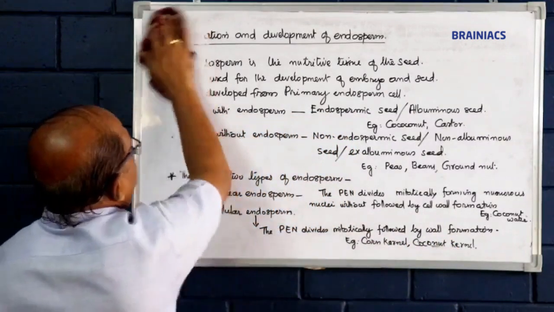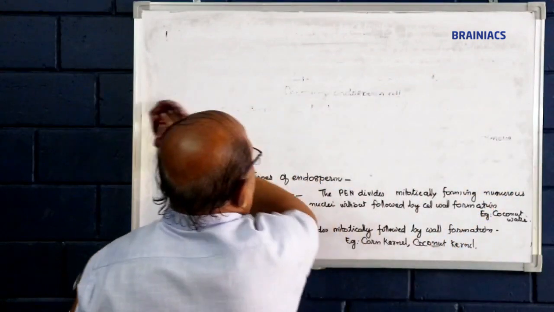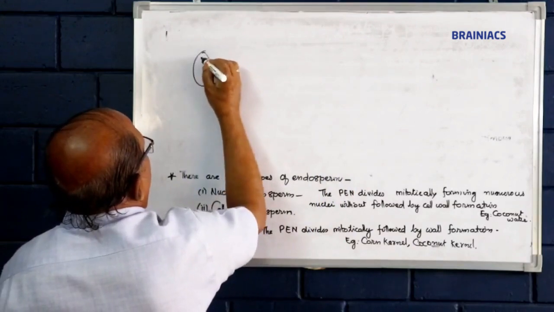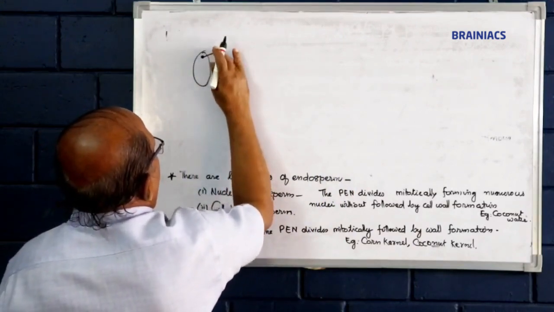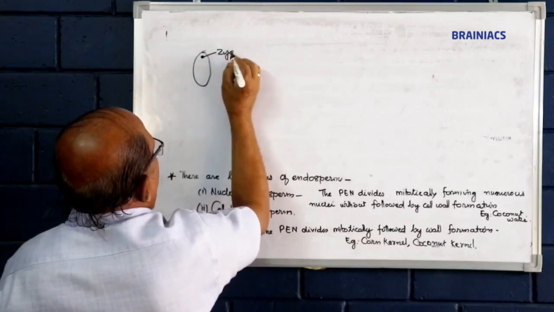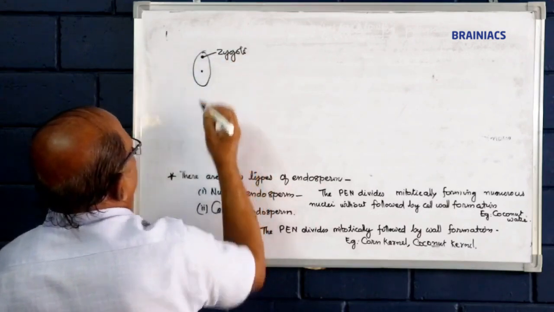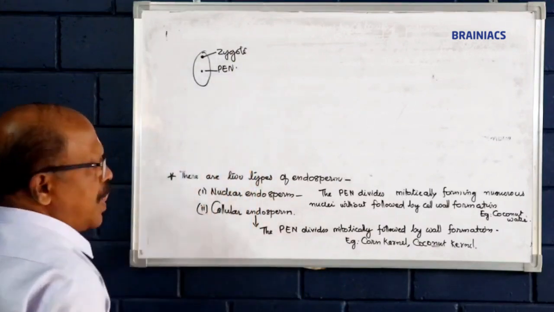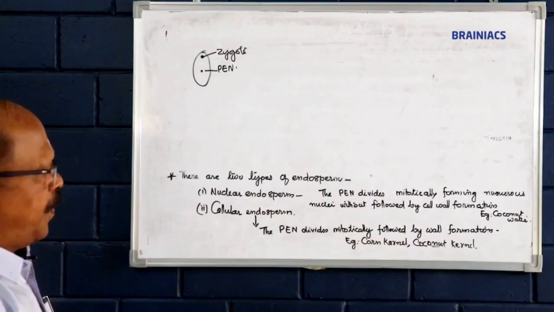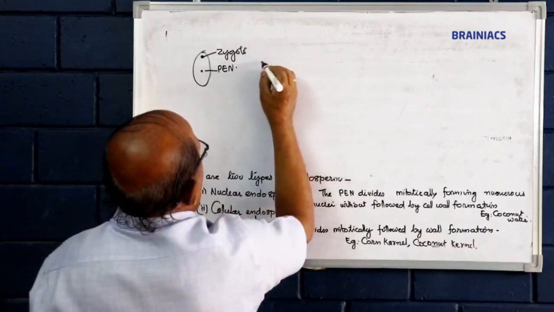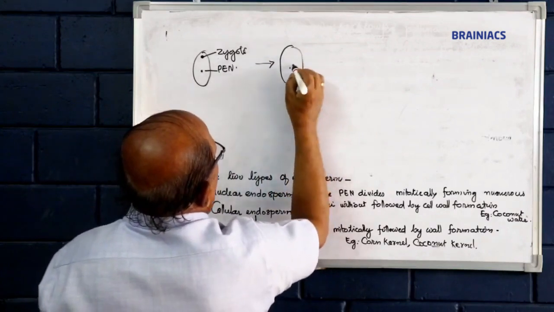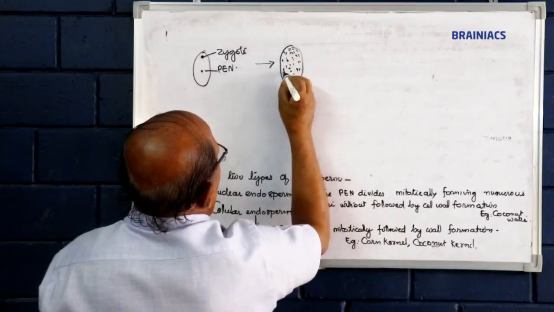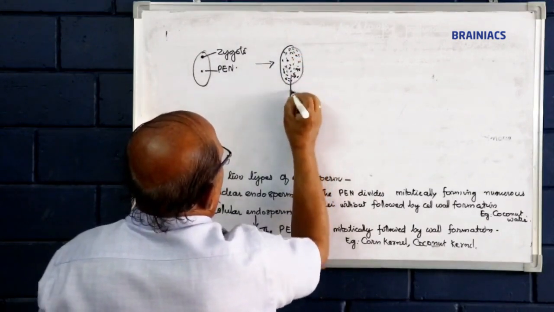See, this is the embryo sac. This is PEN. So the PEN divides, forming free nuclei.